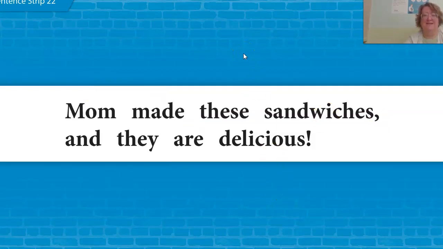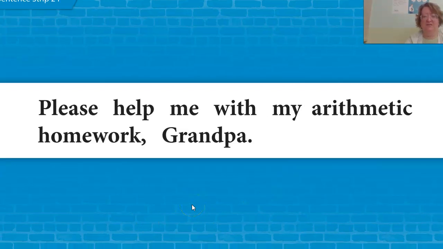Tell me, class, what type of sentence is this based on its punctuation? It would definitely be exclamatory. Okay, let's move on to the next one. Why is there a comma? Please help me with my arithmetic homework, Grandpa.